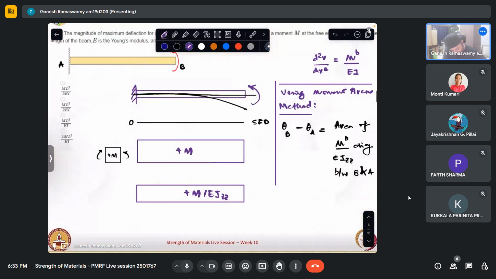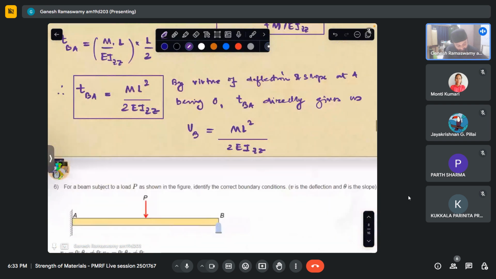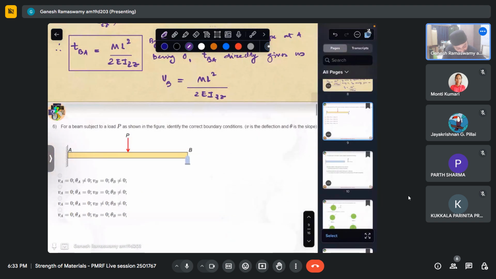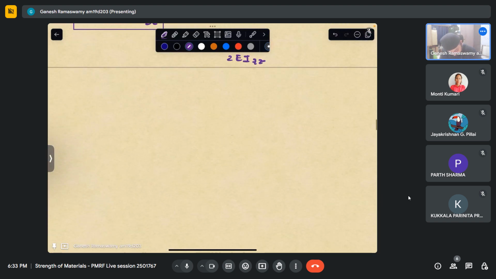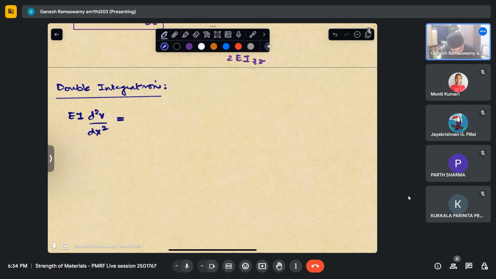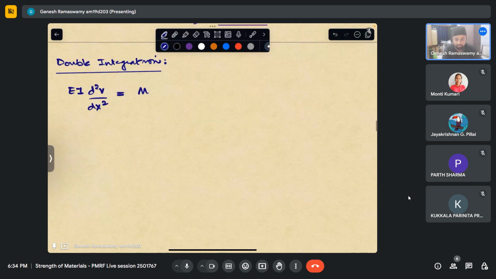So ml squared by 2EI is how it comes about. Now if we were to do the same thing using our double integration, what would we have had? EI d2v by dx squared would have been equal to m, because my bending moment is m at any section.